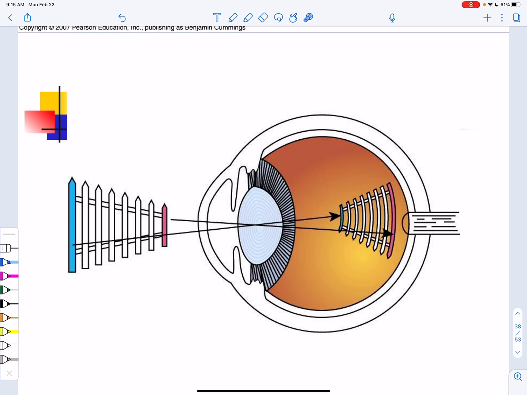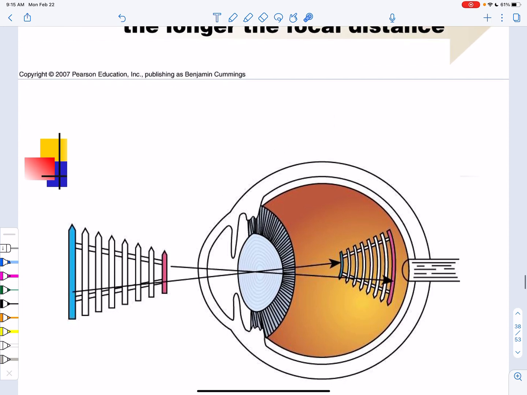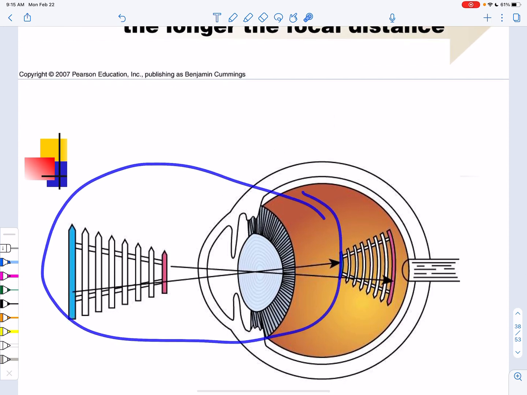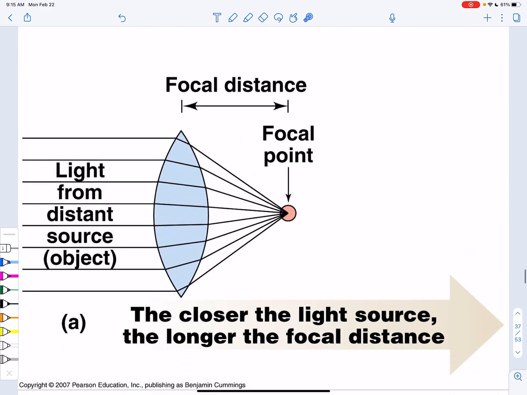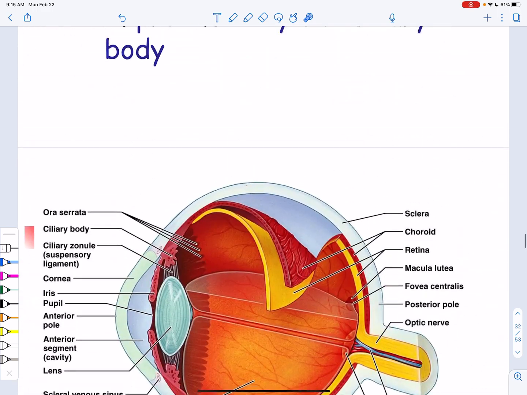Okay, so what we're going to do right now is talk about how this part right here works. Okay, so you have a focal distance, which is going to be the distance between the spot in the back of your eye, the focal point. Does anybody remember what we called it? We called it the fovea centralis, right?